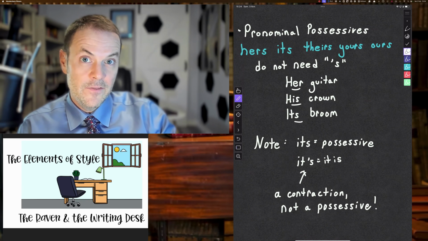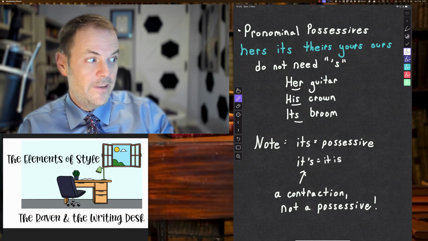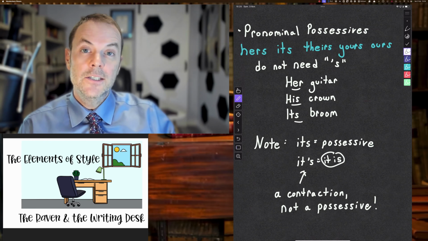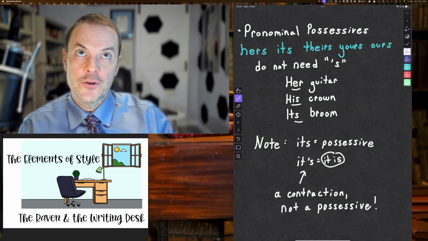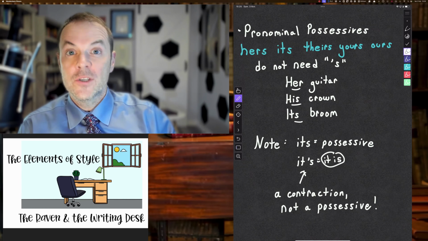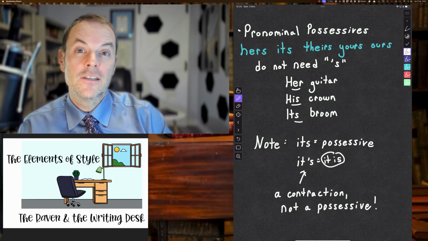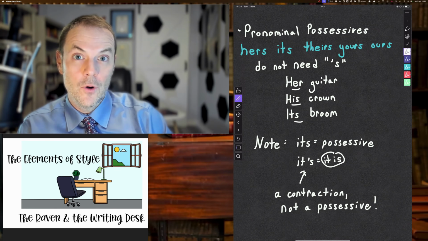The possessive is its. It apostrophe s is the contraction it is. So when you go to indicate something that's gender neutral, such as a dog, you're referring to its bowl, and you go to write it, remember it's its bowl, because if you put apostrophe s, you're saying it is bowl.